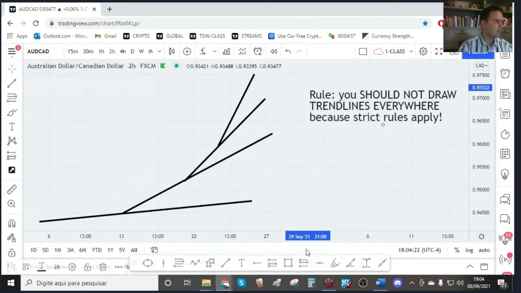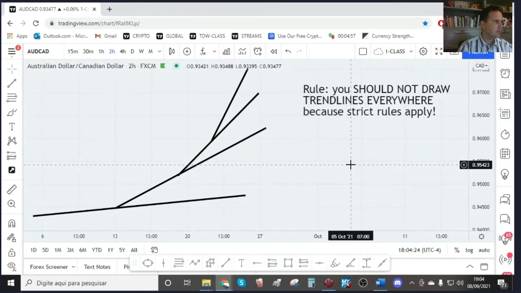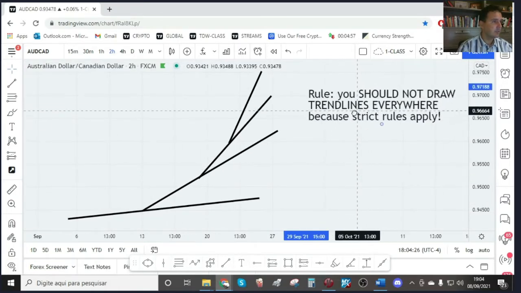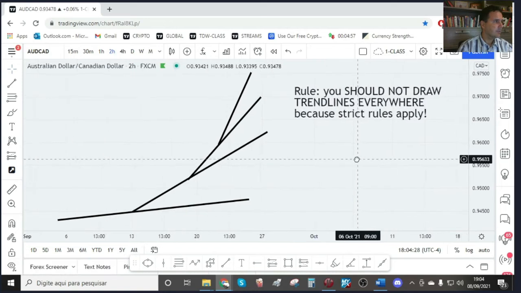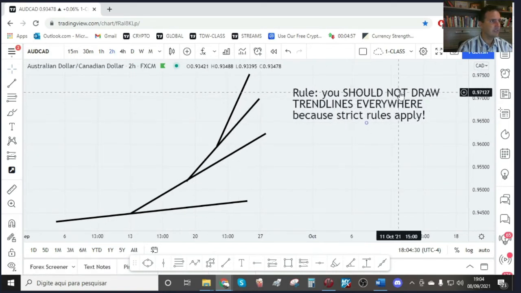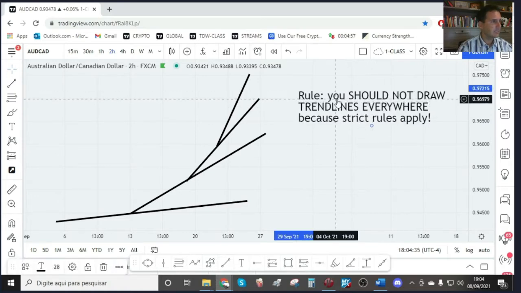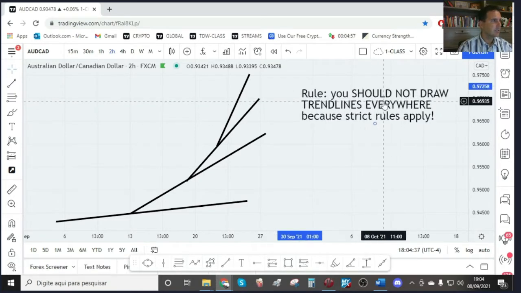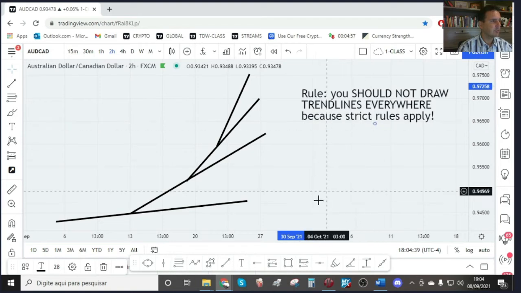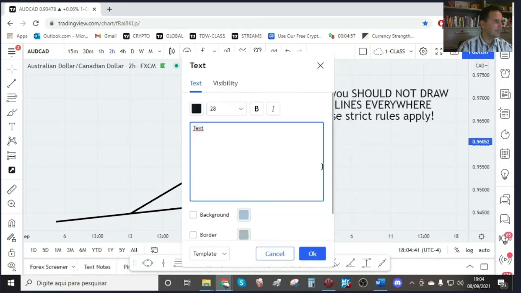If I would be your boss, your manager, then I would say you must not draw trend lines everywhere. So I'm not your boss, and you should not draw trend lines everywhere because strict rules apply. What are the rules?